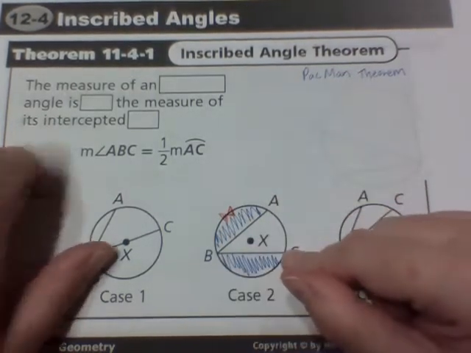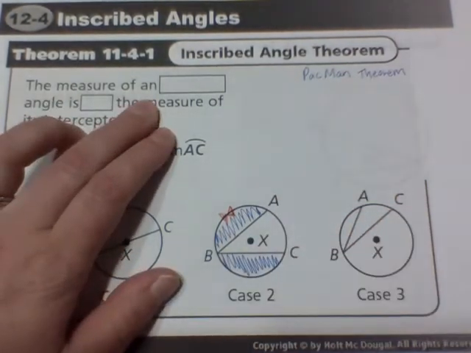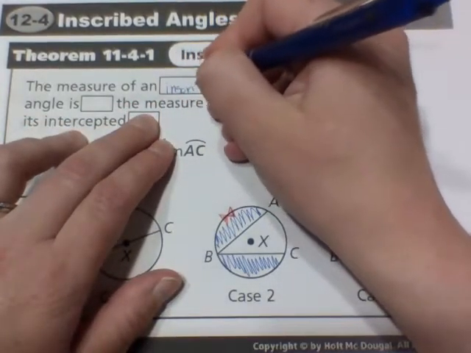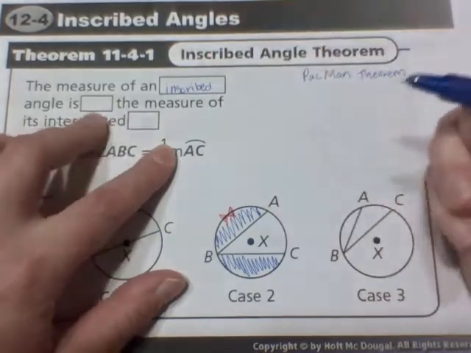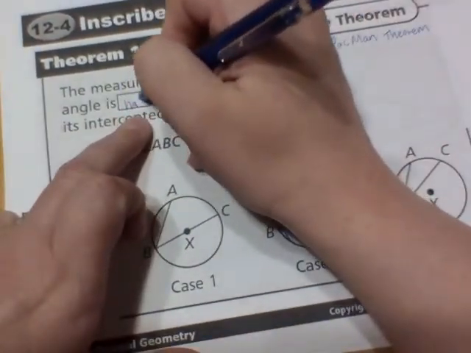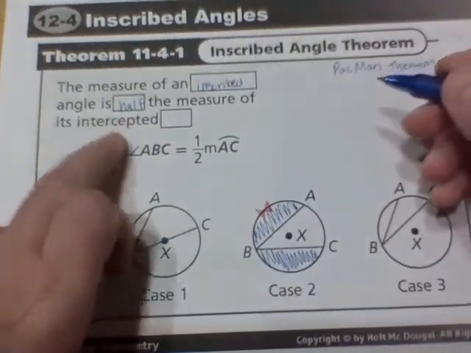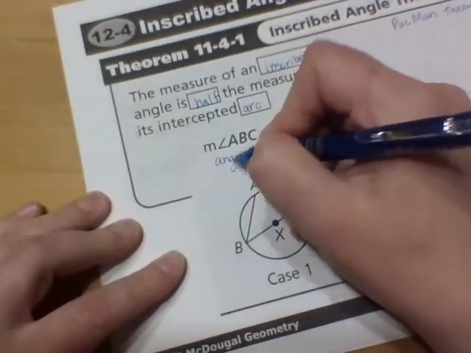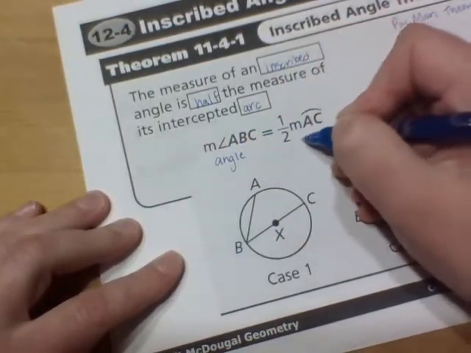The idea of that is that the measure of an inscribed angle is half, kind of referenced this already, the measure of its intercepted arc. So again, angle is half of the arc.